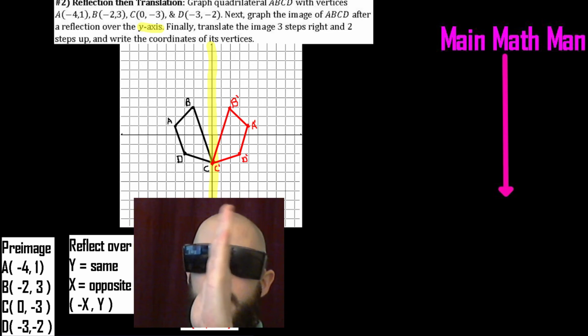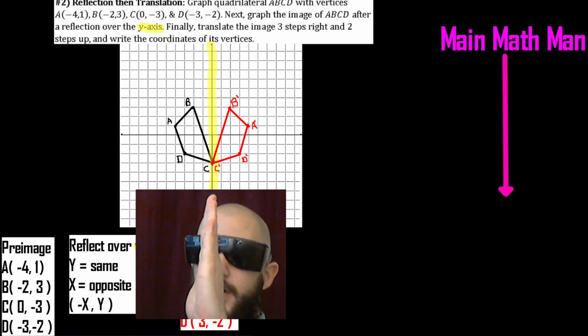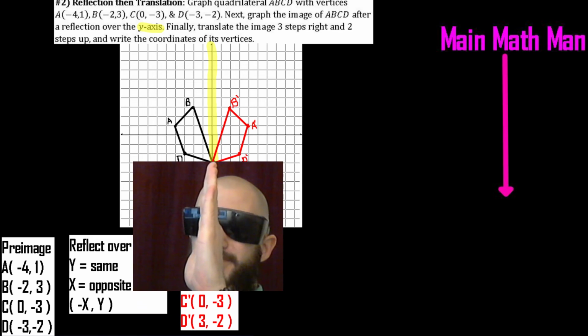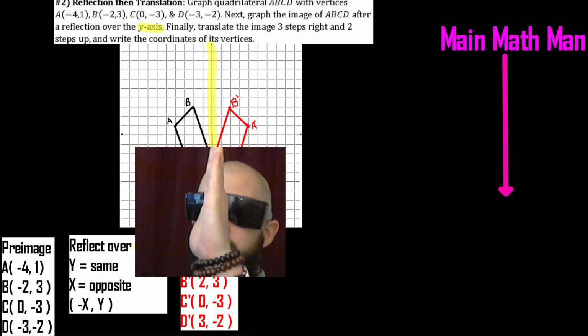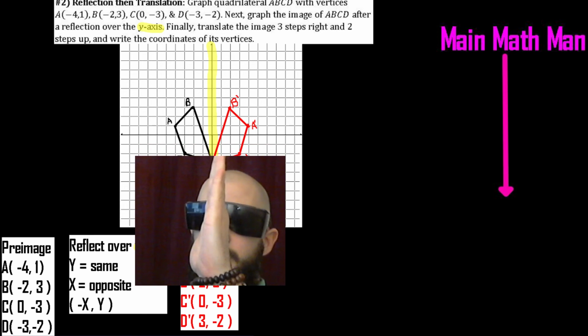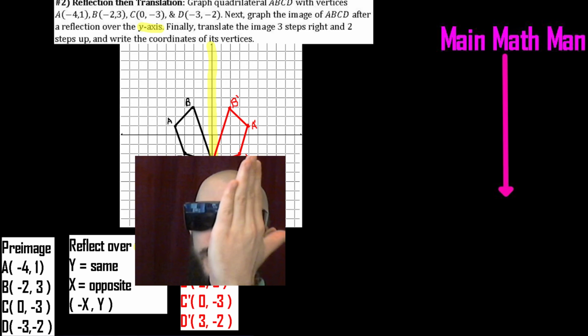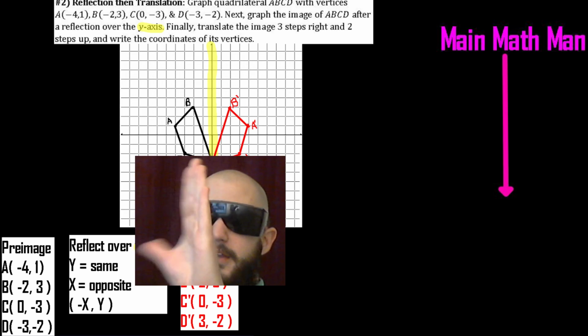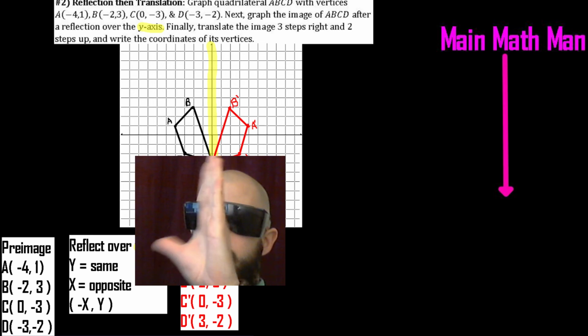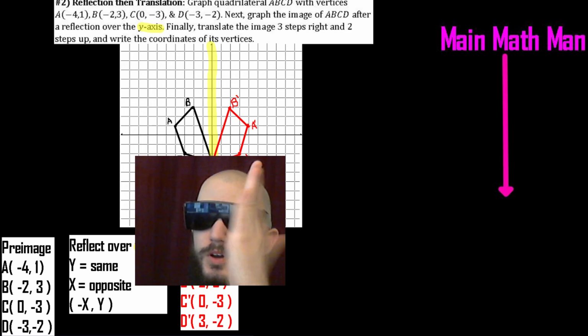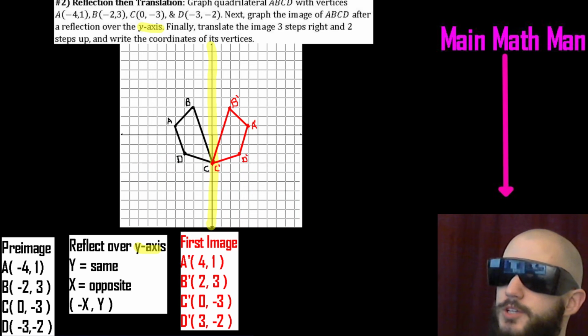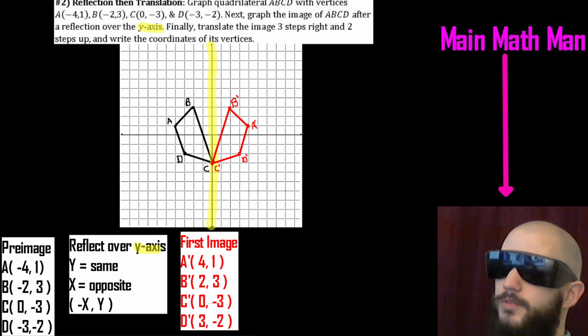So I have my y-axis, and now you can see, again, I'm just planting my hand on my paper, and I'm saying, okay, I am changing from left to right. So my x values are changing. My y values are staying the same. My x values are changing. So please use that strategy each and every time for those reflections.